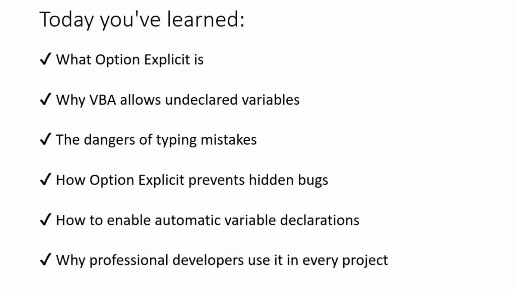Today you've learned what Option Explicit is, why VBA allows undeclared variables, the danger of typing mistakes, how Option Explicit prevents hidden bugs, how to enable automatic variable declarations, and why professional developers use it in every project. Although it's only one line of code, Option Explicit can save you countless hours of troubleshooting and debugging.